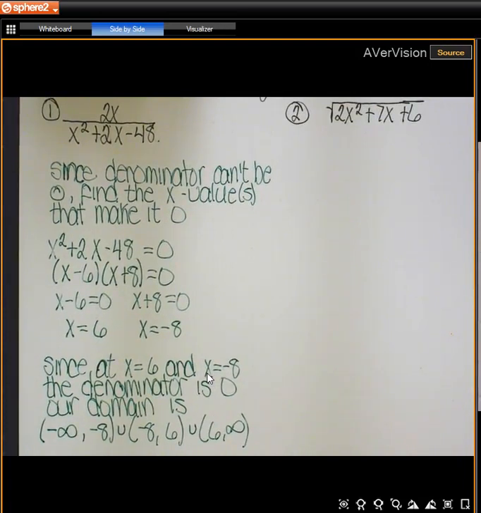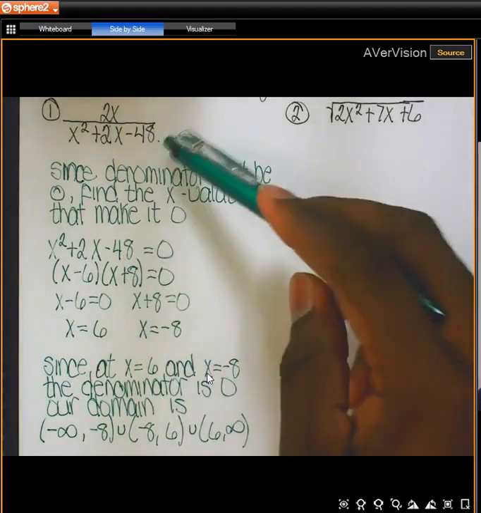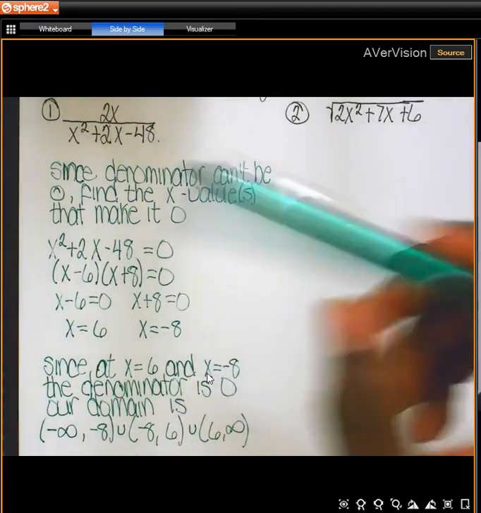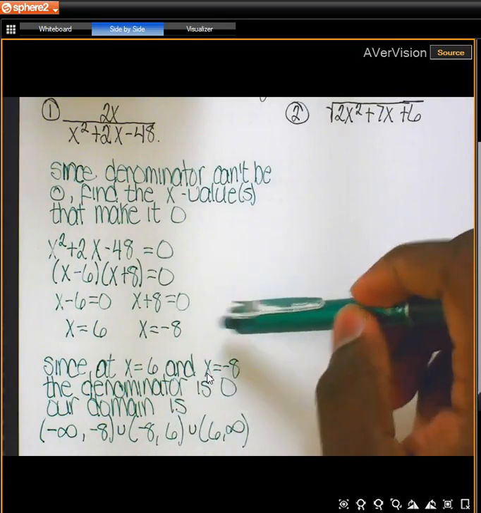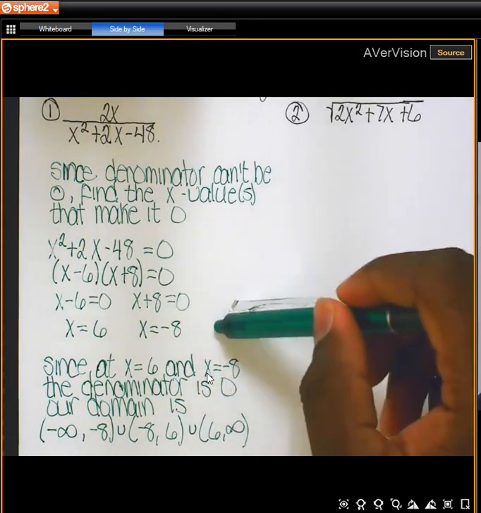When finding domain, it's easier to see where the function doesn't exist as opposed to finding where it does exist. So especially for rational equations, we find where it doesn't exist by setting the denominator equal to 0, because we know fractions can't have 0 in the denominator.